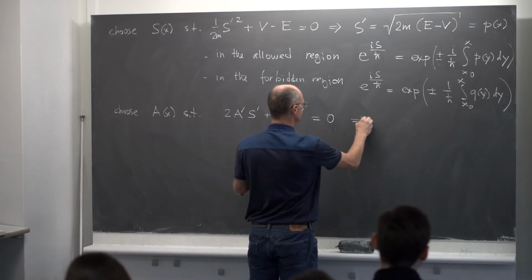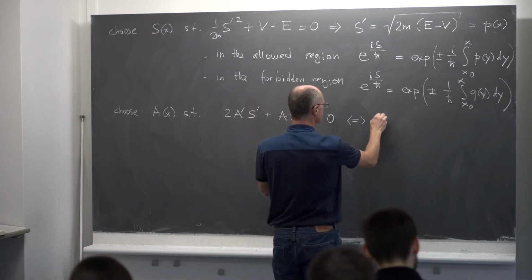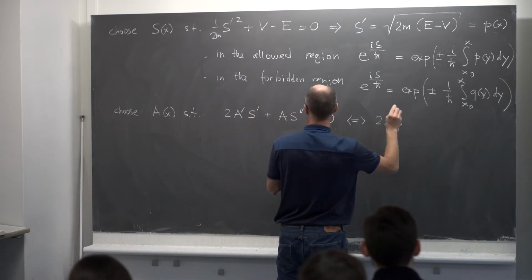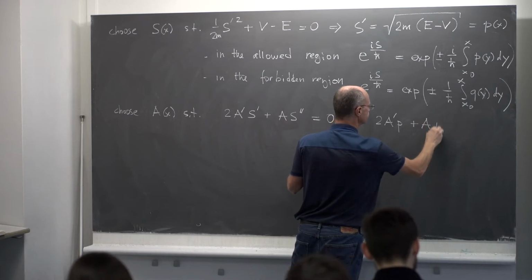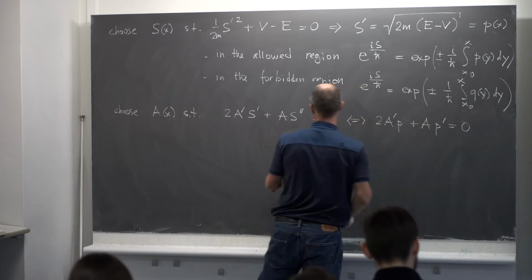So let me also rewrite it in terms of p. So this is 2a prime p plus a p prime equal to 0.